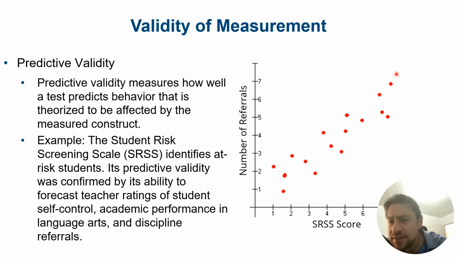And so the presence of a positive correlation would be evidence of predictive validity. You can use the value from this measure, from this scale, to make accurate predictions about behaviors exhibited by these students. That's an example of predictive validity.